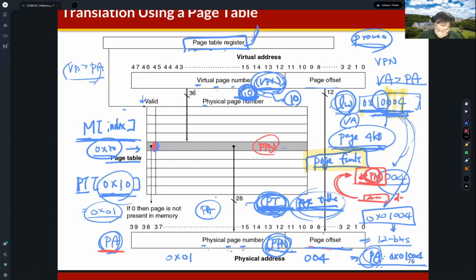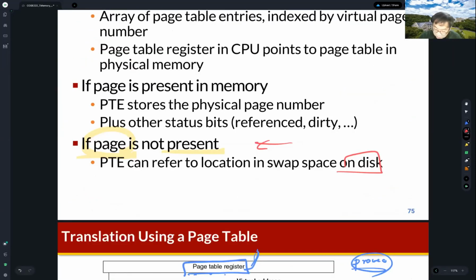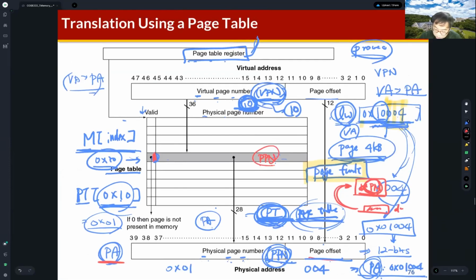The required process for a page fault situation is called page fault handling. The page is transferred from disk to the physical memory, the RAM, and then we get the new PPN. Using this PPN, we can get the PA, the physical address, and using this physical address, we can access the physical memory.